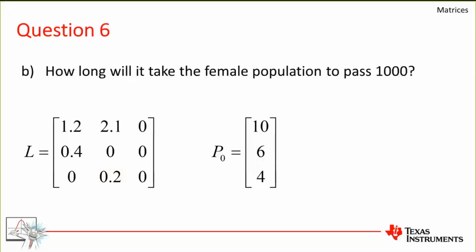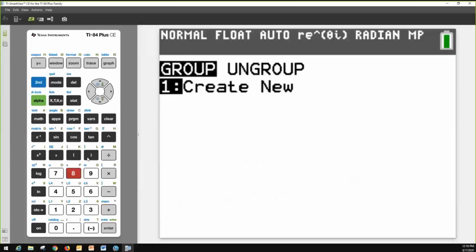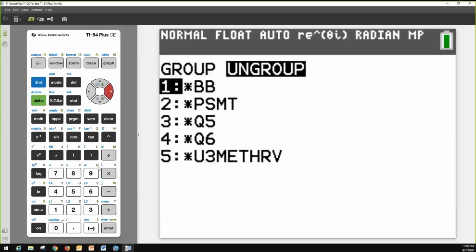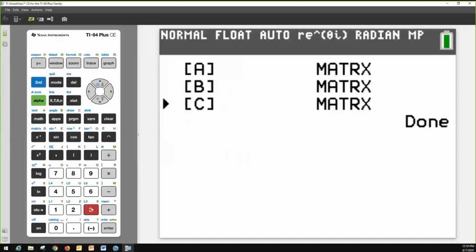This one, on the other hand, I think I'll use a calculator for, because that's going to be really hard. How long will it take the female population to pass 1,000 rats? So, again, because I'm getting tight on time, it's one I prepared earlier. Watch this. I'll grab question 6, and all I'm doing is populating some matrices.